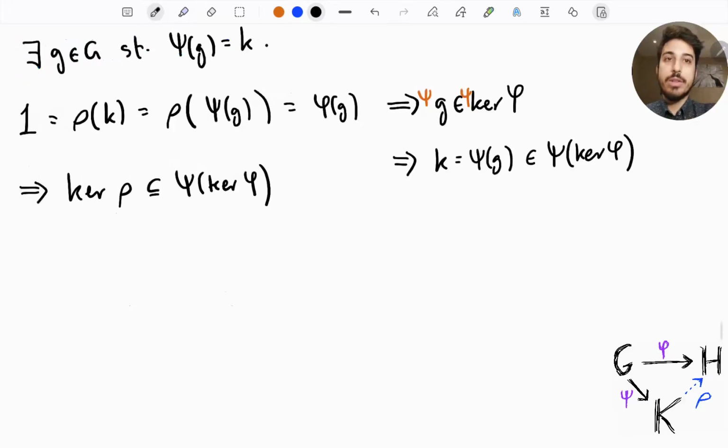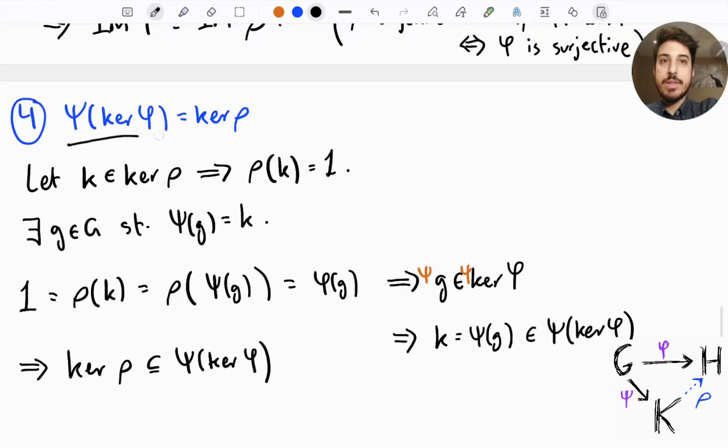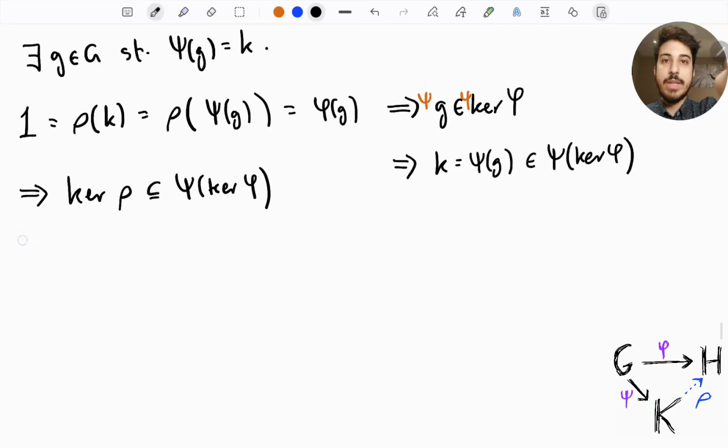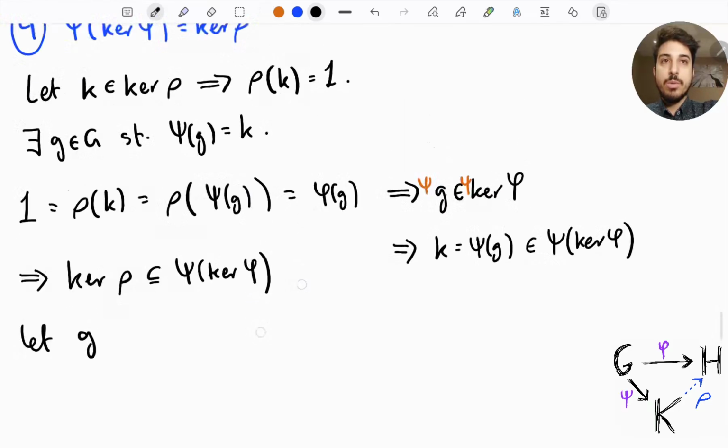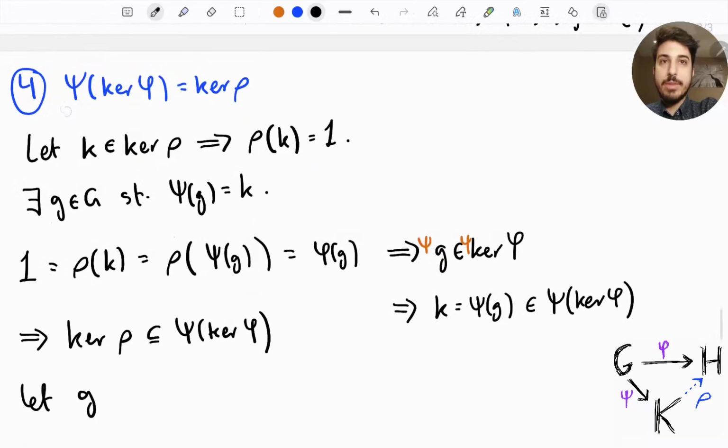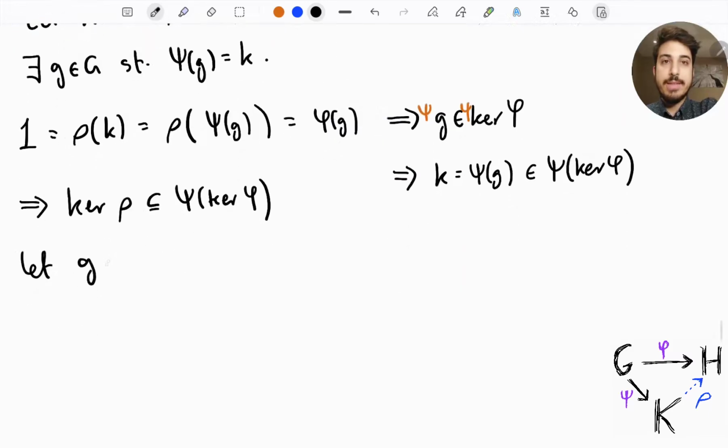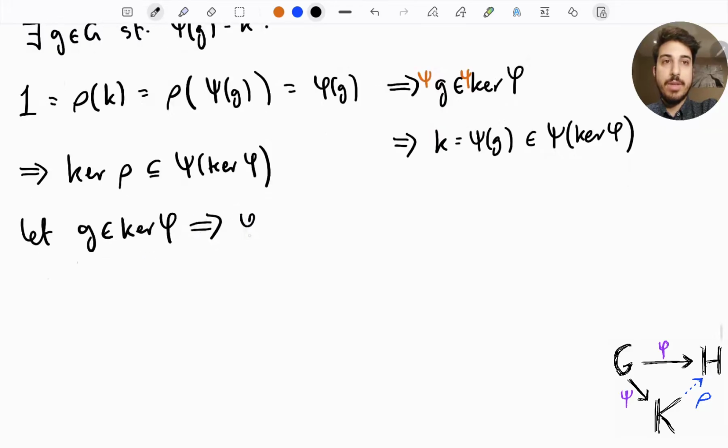Let us do the forward inclusion now, supposing there is an element here and proving the element lies in here. So let g. So we will not suppose there is an element exactly here. We will start with an element that is in here. So g is in the kernel of phi. So if g is in the kernel of phi, then phi of g is equal to 1.